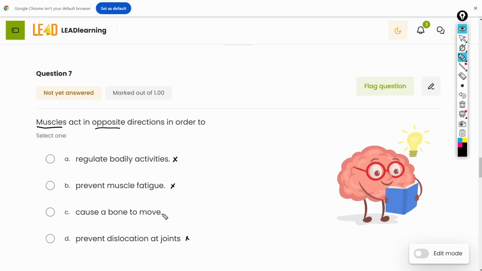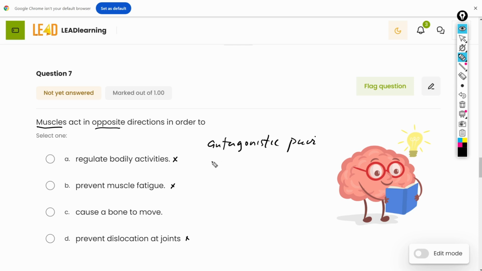No. Now usually muscles always occur in what we call an antagonistic pair. By the term antagonistic, we mean that they work in opposing manner.